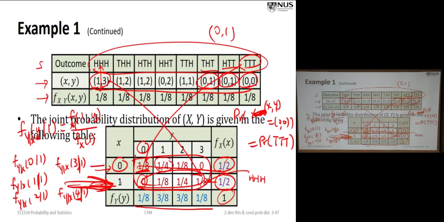So now look at this line. Given X equals 0, is it possible to get Y equals 0? And the answer is yes. Given X equal to 0, is it possible to get Y equal 3? And the answer is no, you cannot, because the joint probability is 0. So therefore, the range is already different, with different probabilities.